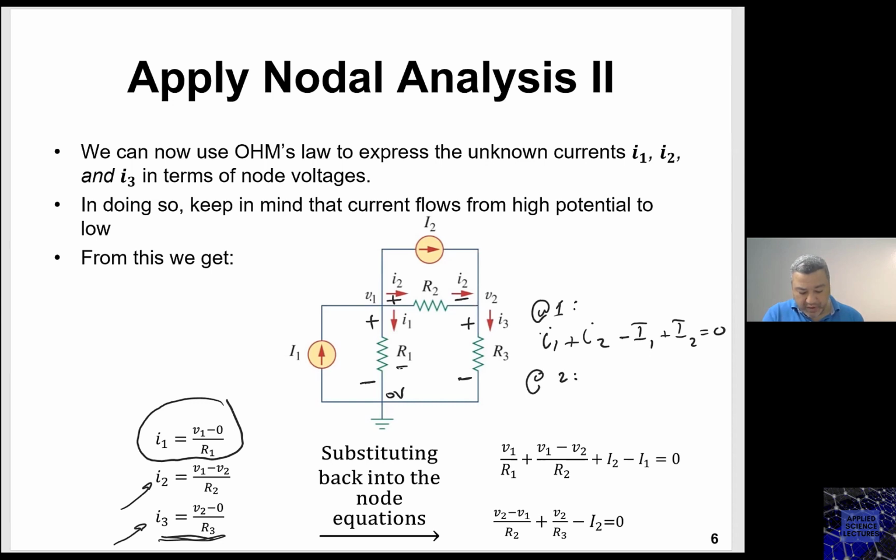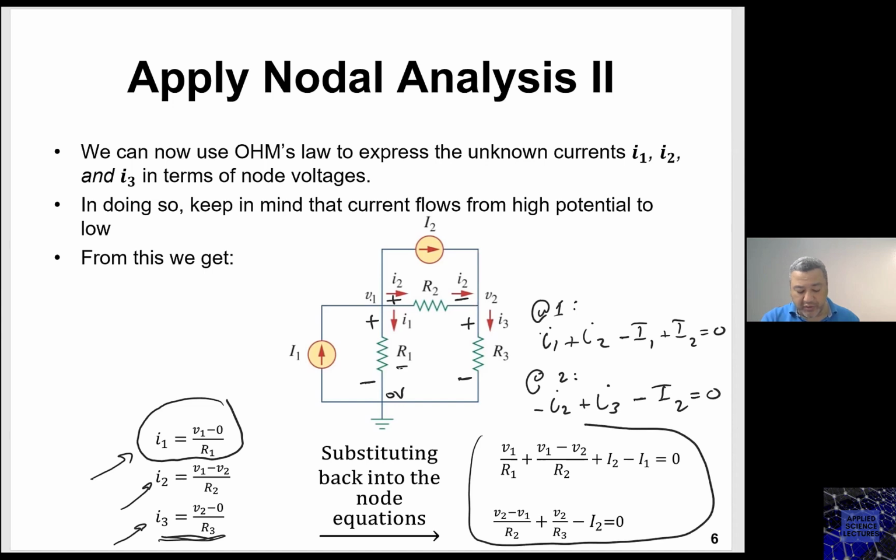At node 2, I have I2 entering, I3 leaving, minus I2, equals 0. So those are the two KCL equations that we derived earlier. Now, if you substitute I1, I2, I3 in those equations, you will end up with the following two equations. Those are the nodal equations.